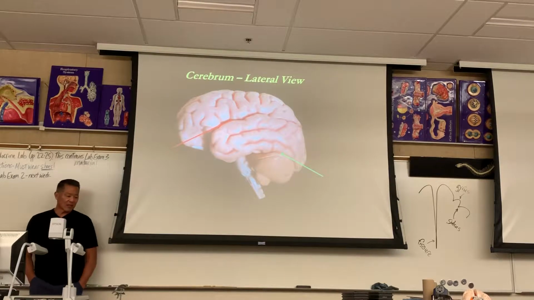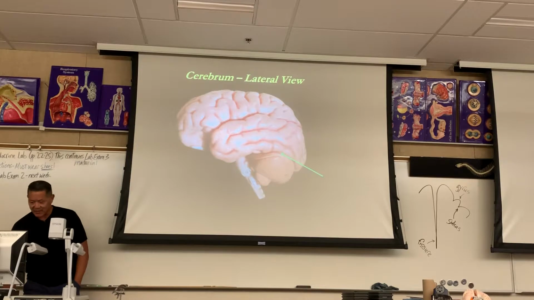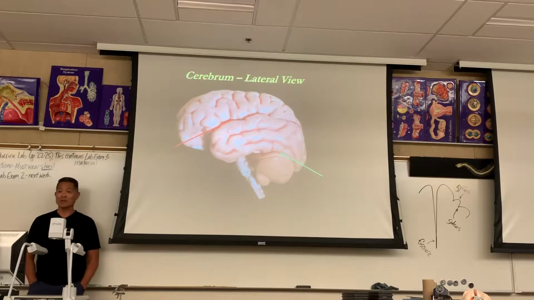Red arrow is on the lateral sulcus. If you look at it carefully, you see it's kind of deeper than the other ones, isn't it? And that's why some textbooks and some websites, you might see it listed as lateral fissure. It's not wrong. It's both called lateral sulcus and lateral fissure because it is deeper. Okay?